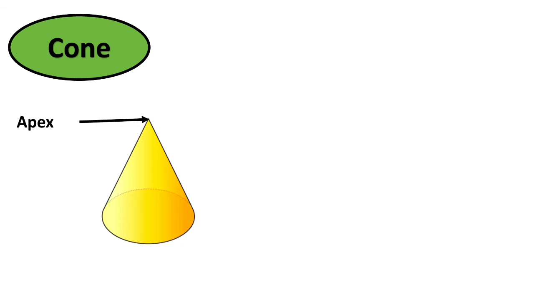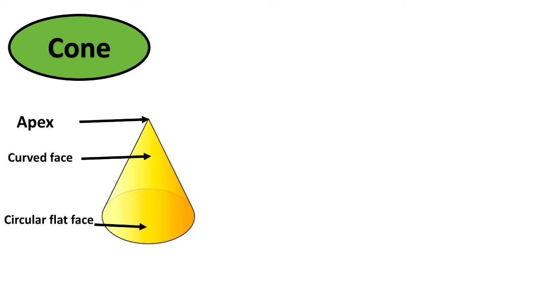That is the cone. Have you seen the cone shape? Yes. This is the cone shape. The top or tip part is known as the apex. And this part is called the curved face because it's in the curved shape.